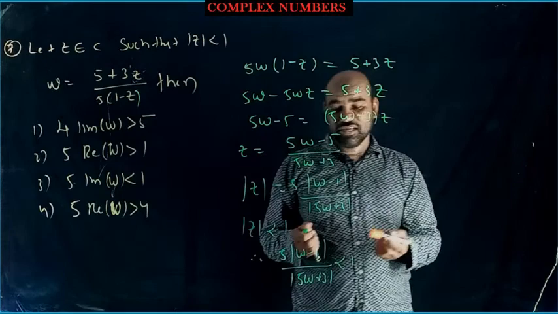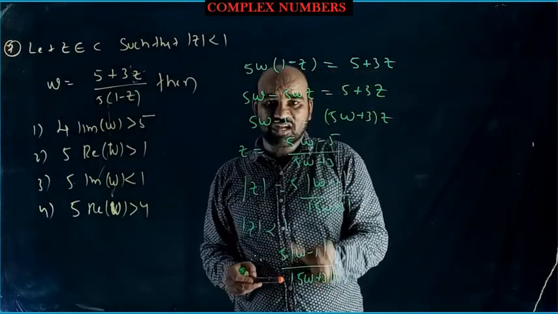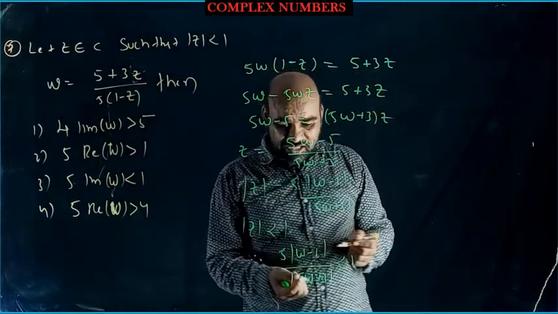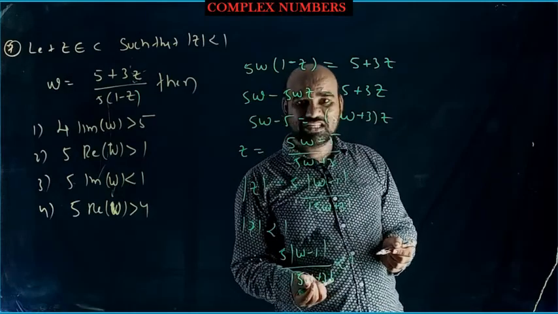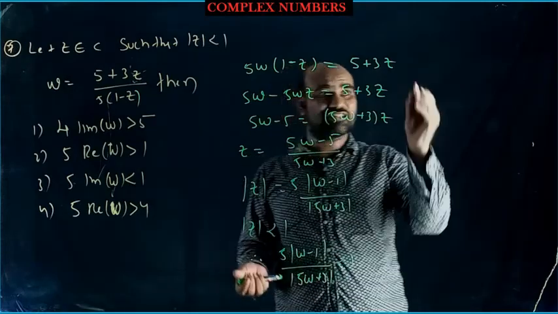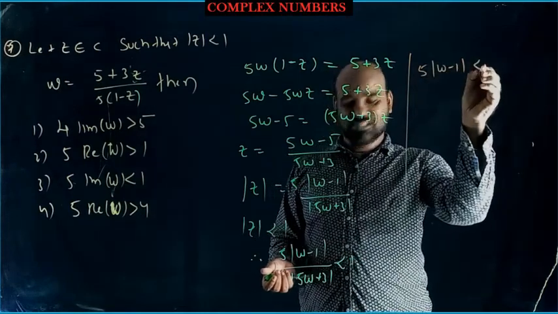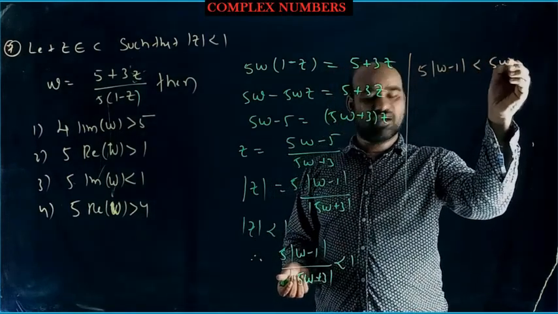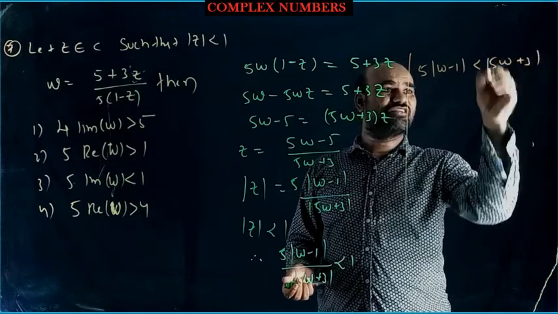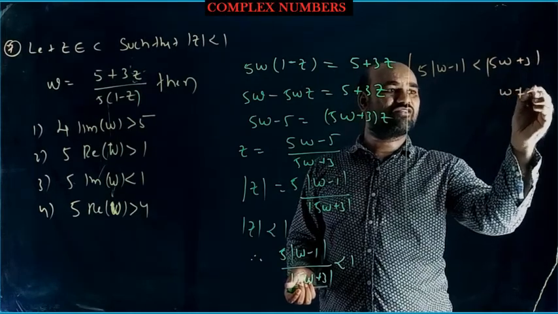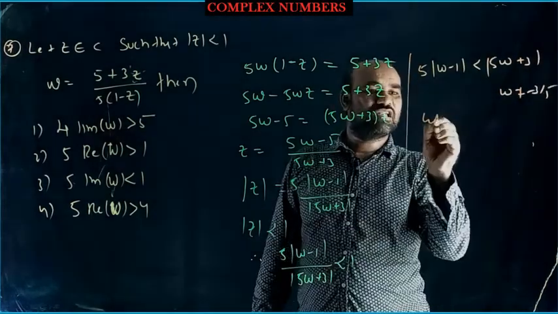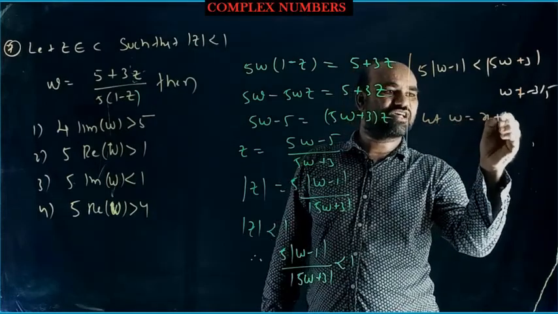So modulus already means non-negative. With the condition that omega is not equal to minus 3 by 5, under that condition I can write this as 5 times mod of omega minus 1 less than mod of 5 omega plus 3. Let omega be taken as x plus iota y.